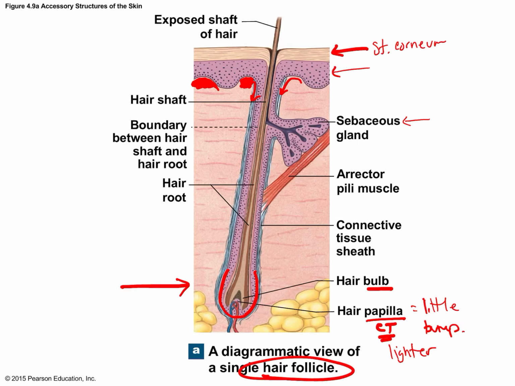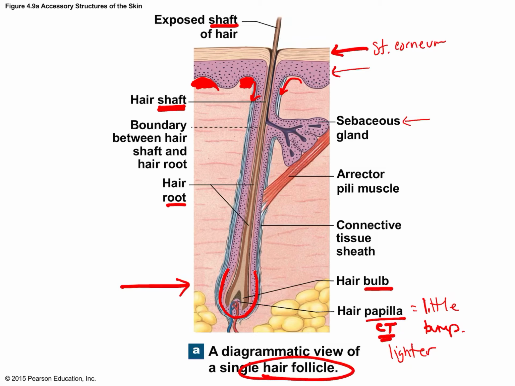So now let's look at the other terms you have here. The root of the hair is where the hair is formed from the bulb to where it is organized. Notice here that the hair root is pointed out in the lower 2/3 of the hair follicle. The upper 1/3, we can start calling the hair shaft, which is also what you call the hair that exits the scalp or the skin.